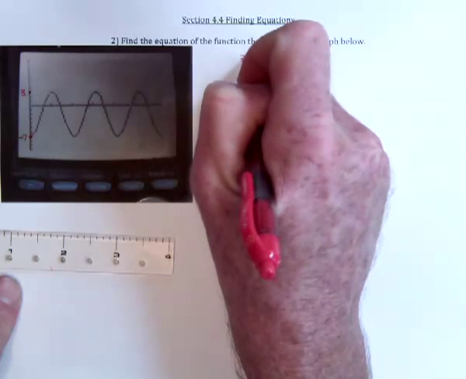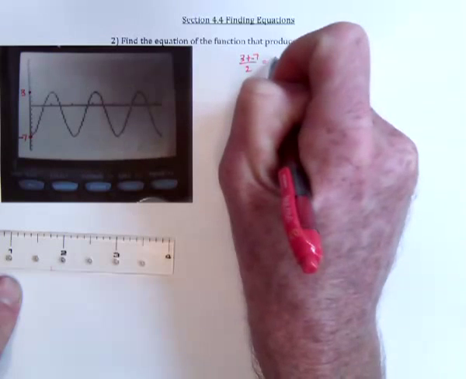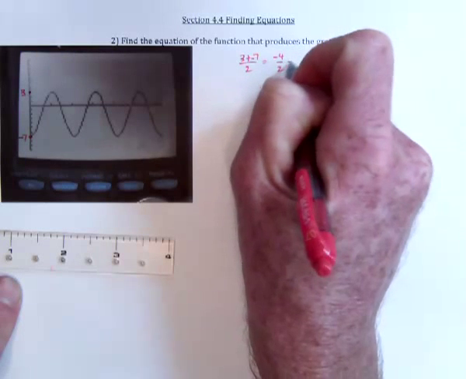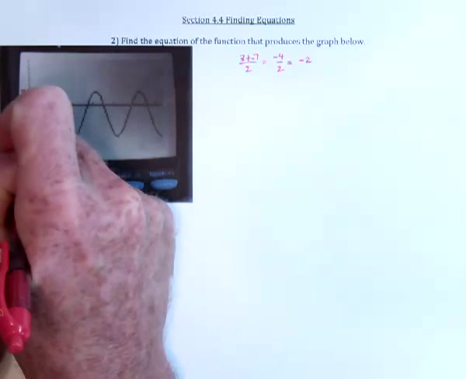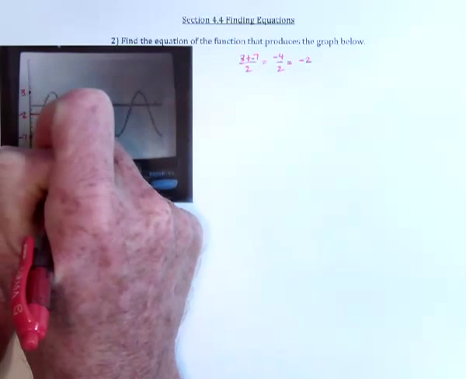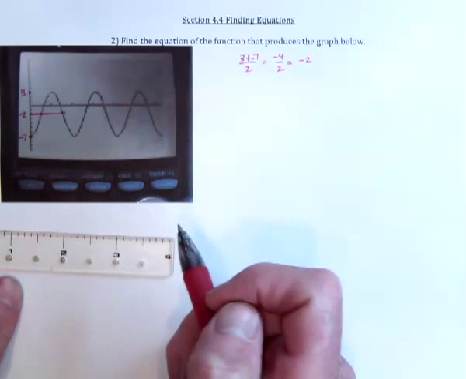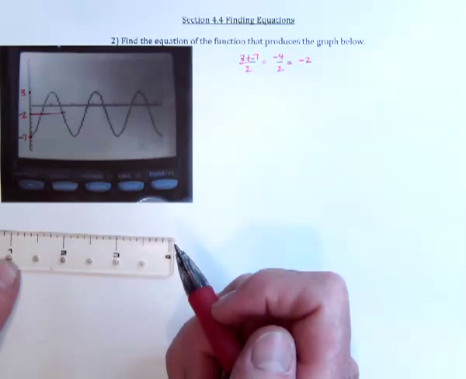So a 3 plus a -7 divided by 2 is going to be -4 divided by 2, or in the middle is -2. So right here at -2, that's in the middle. So that means that the function was shifted down by 2.